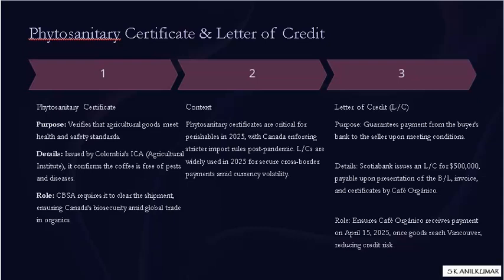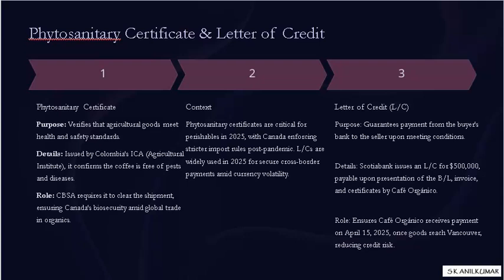Otherwise, a biosecurity risk will come into picture, delaying the shipment reaching the buyer. It is critical for perishables because Canada is enforcing stricter import rules, and if the goods remain in customs, they may get spoiled because of not taking care of the right temperature.